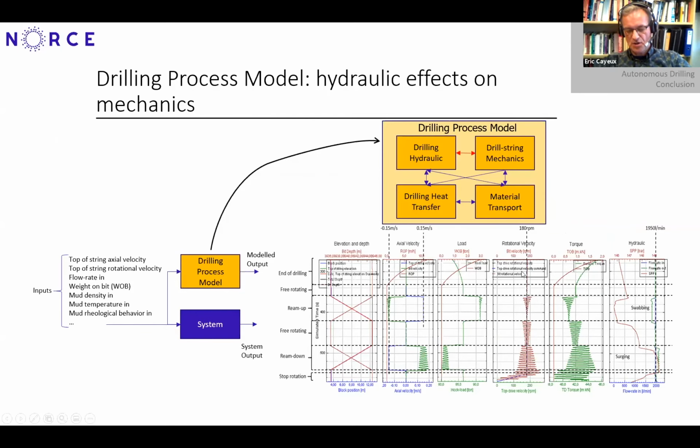So if we make a simulation of a rim up, rim down sequence, we can see that when we are rimming up, so lifting up the string and rotating, torsional oscillations are damping quite fast. The torsional oscillations that are initiated because of the change of the velocity vector that I mentioned earlier, because we have the axial movement combined with the rotational movement, are quickly attenuated because the swabbing pressure induced forces are positively damping the torsional oscillations.